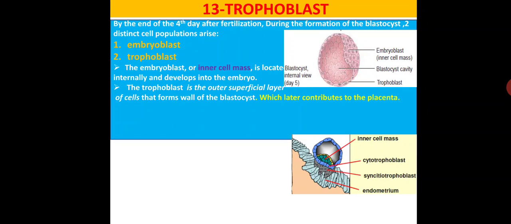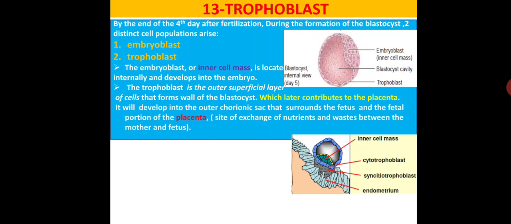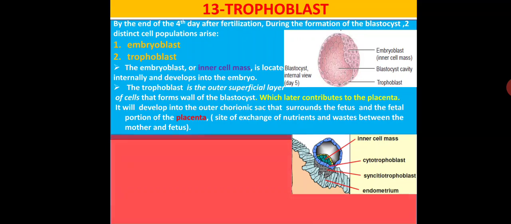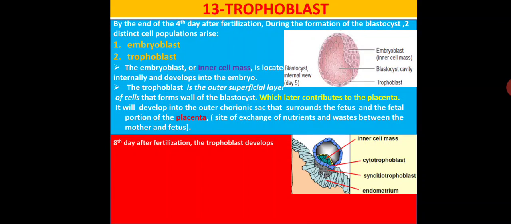This trophoblast later contributes to the formation of the placenta. The placenta is the site of exchange of nutrients and waste products between the mother and fetus. And this trophoblast on the 8th day after fertilization develops into 2 layers.